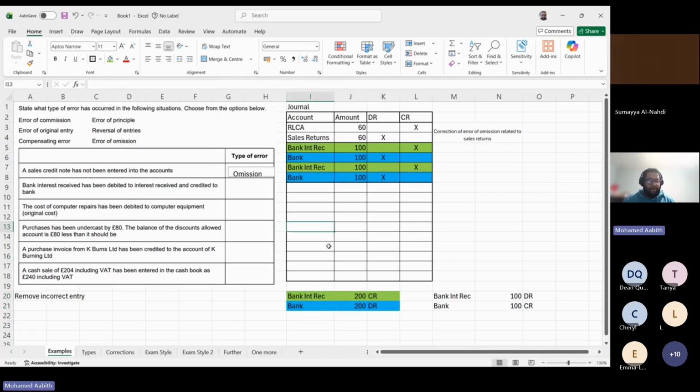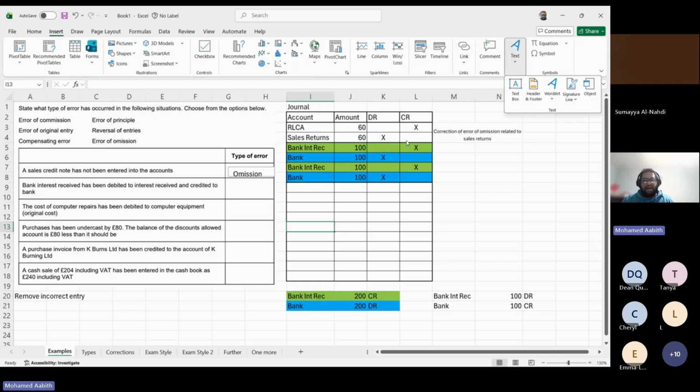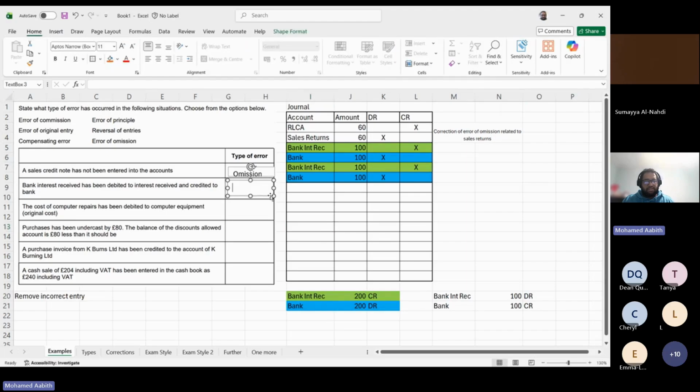Okay, so that's another way of doing that one. So what is that error we're going to call here? This is going to be called reversal of entry. So let me just quickly say here with my words, reversal of entries.